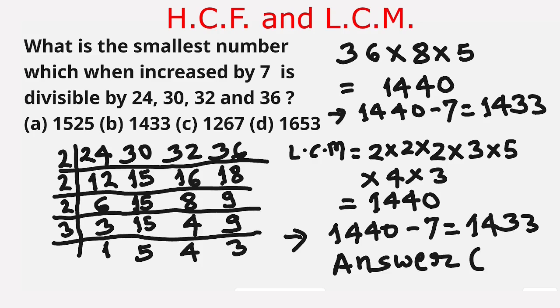And from the given options, our answer is option B, 1433. This is that number which when increased by 7 is divisible by 24, 30, 32 and 36. I hope you have understood all the methods of solving such type of questions. We go to the next question.